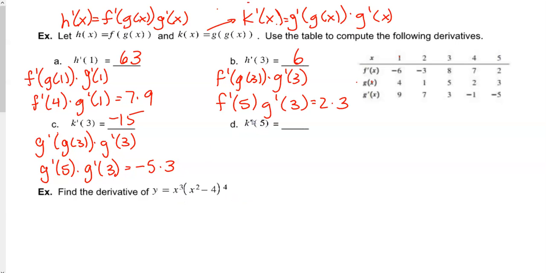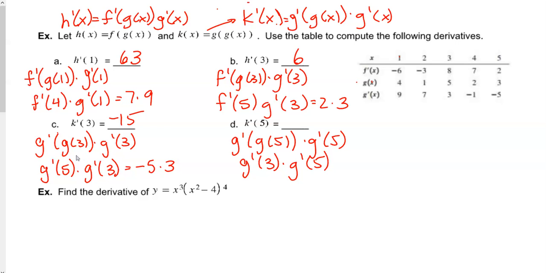So then now if we look at k prime of 5, I'm going to put 5 here. The 5 is there, means I put a 5 here and a 5 here. So we need g prime of g of 5 times g prime of 5. So what do we get when we do that? Well, when I look for g of 5 on the innermost piece, I get a 3. Therefore, I need what g prime of 3 is times g prime of 5. I believe we just did that, didn't we?